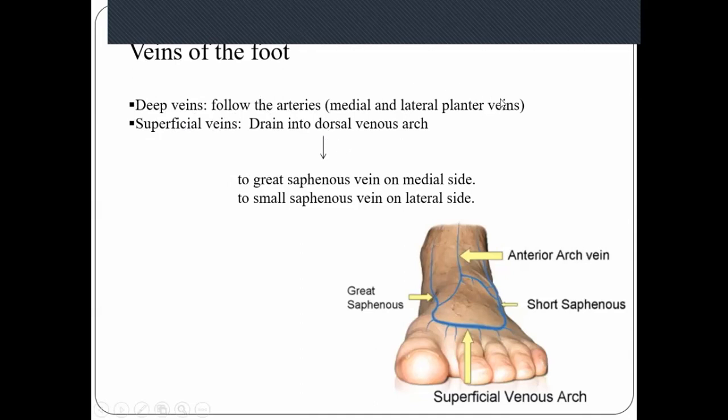Those are the medial and lateral plantar veins. What you have to remember is the superficial veins. These superficial veins drain into the dorsal venous arch. You can see the dorsal venous arch on the dorsum of the foot.